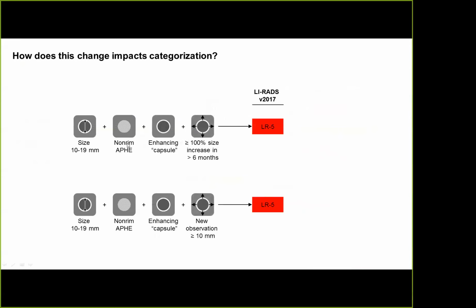If you remember the prior table, you needed arterial phase hyperenhancement and at least two other major features to be LI-RADS 5.